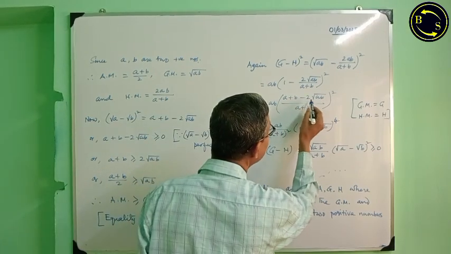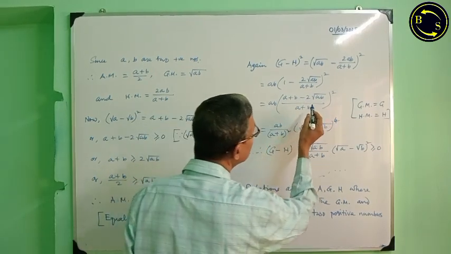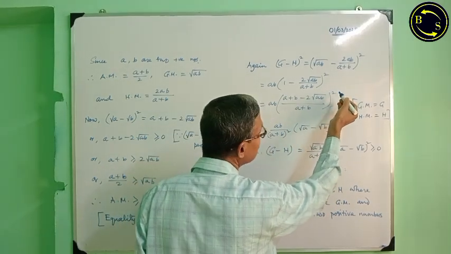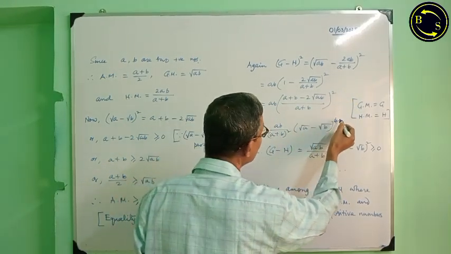Actually A plus B minus 2 root over AB is equal to root A minus root B whole square, and there is a square, therefore it will be whole to the power 4.